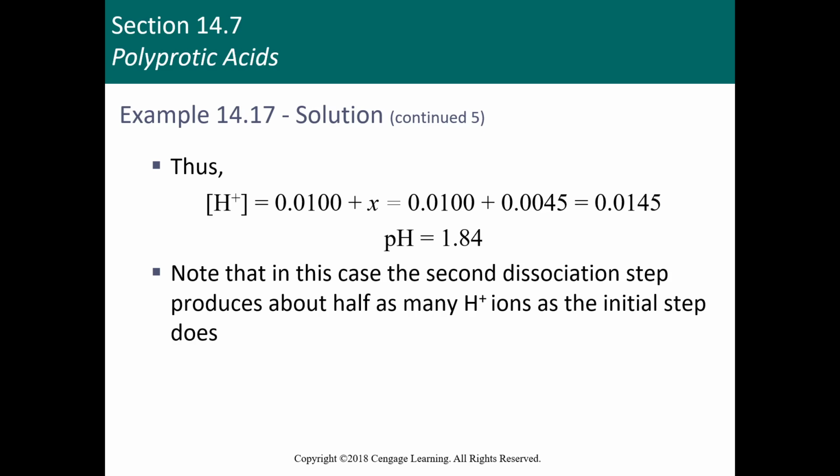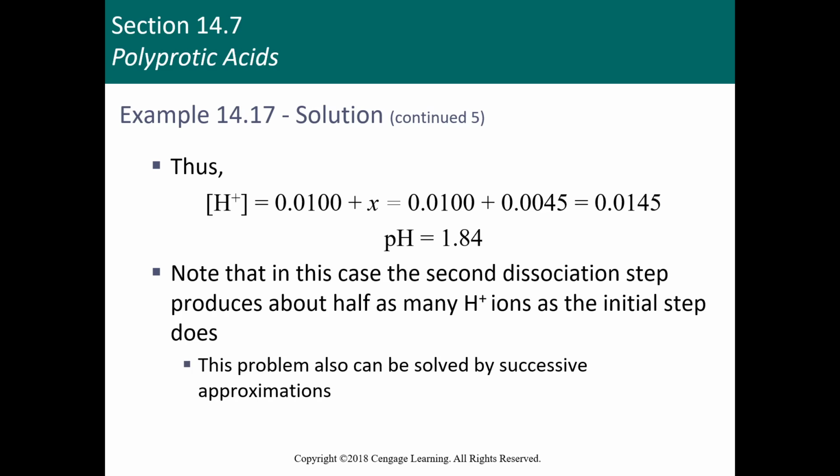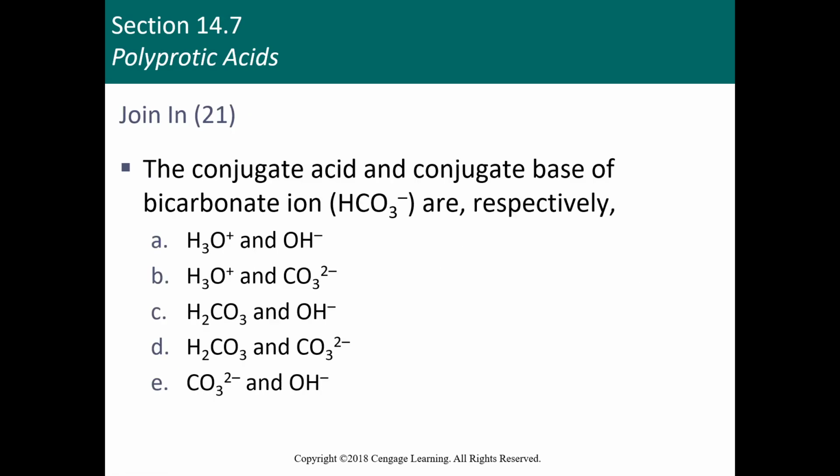So we see that the second dissociation in this step, this time in sulfuric acid's case, actually gives us almost half of the H plus we would get in the total solution. So we really can't do this by making successive approximations. We can only do this by doing this problem one dissociation at a time. Okay.